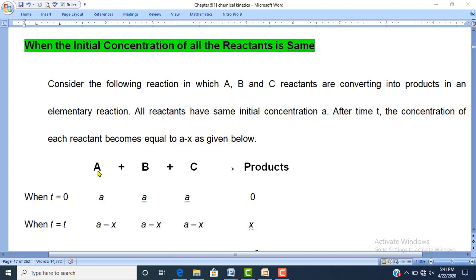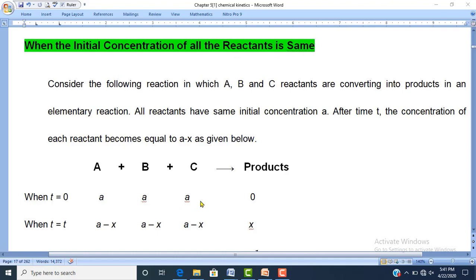One of the reactants is A, second reactant is B, and the third reactant is C. We also further suppose that when time was 0 second, we have a mole of reactant A, a mole of reactant B, and a mole of reactant C. Here you can see that we have taken a mole of 3 reactants because the initial concentration of all the reactants is same here.